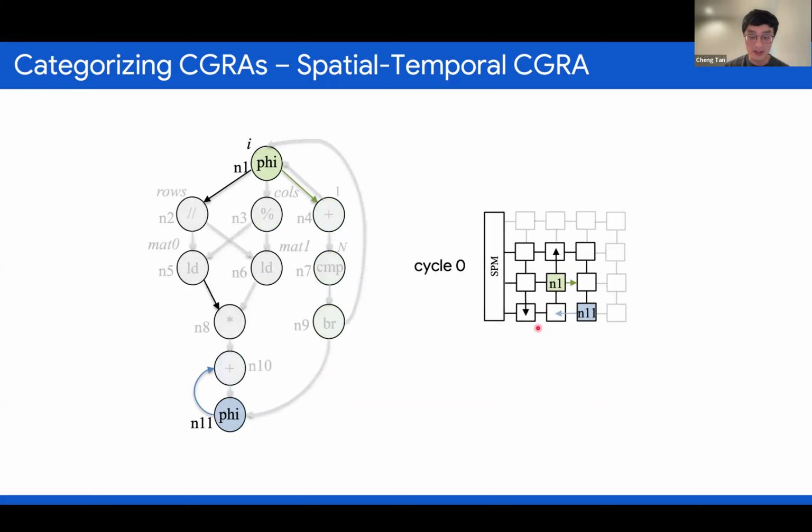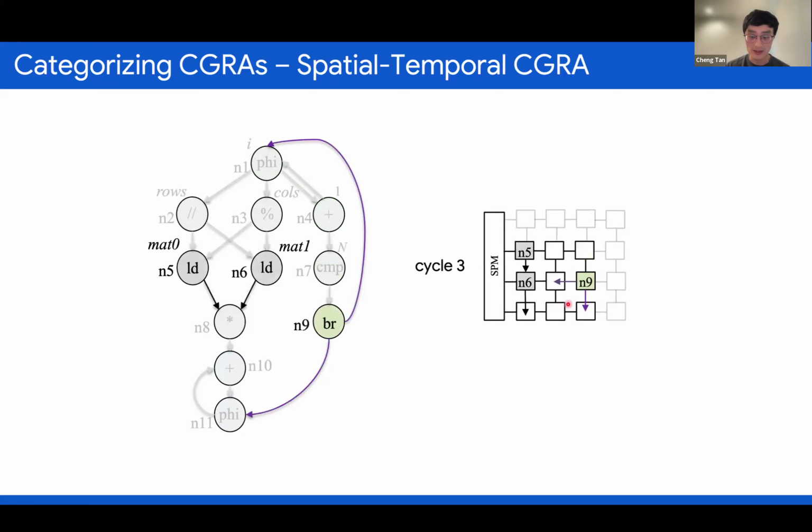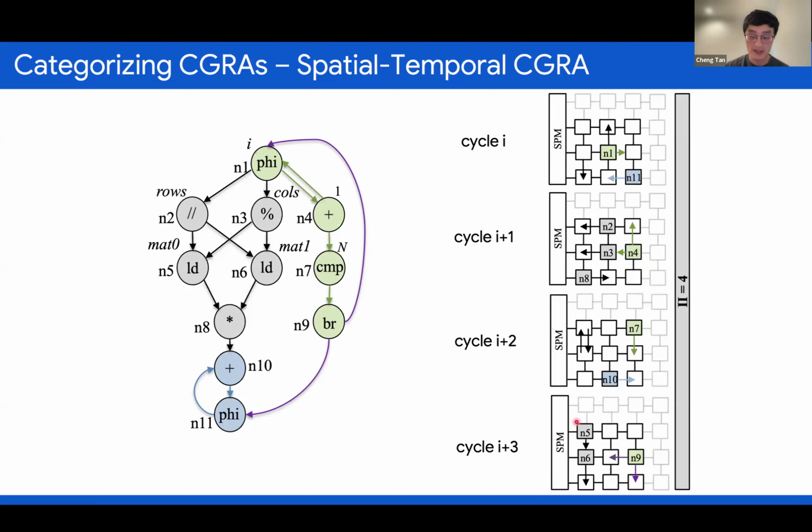We can see for cycle 0, you can map 2 nodes here. Cycle 1, map these 4 nodes here. Cycle 2, and then cycle 3. And eventually you have 4 cycles, and each cycle has different DFG nodes mapped onto it. And this II means initiation interval, which means every 4 cycles, you can start the next iteration.